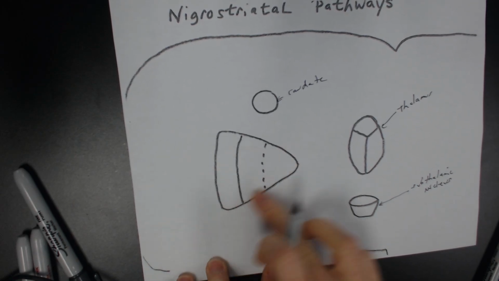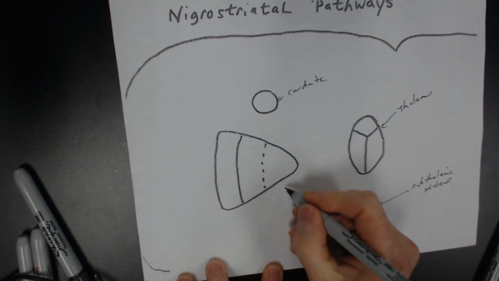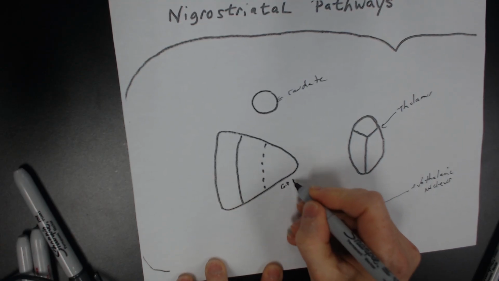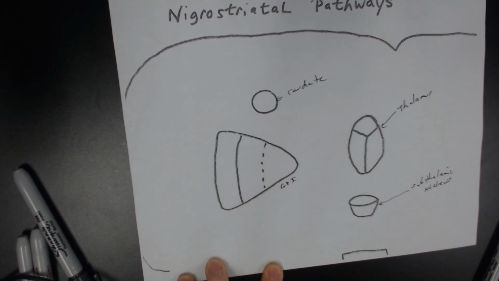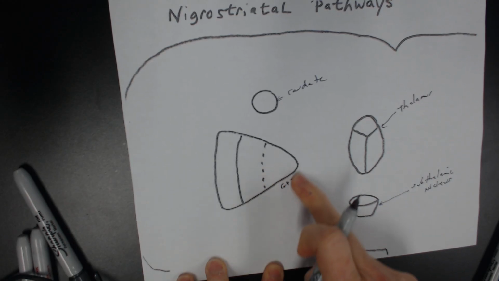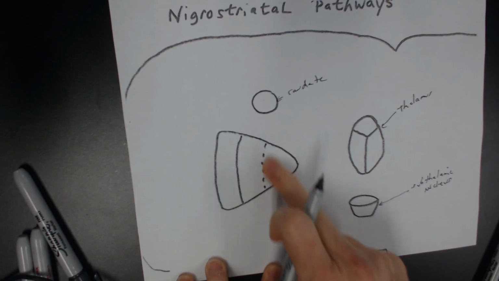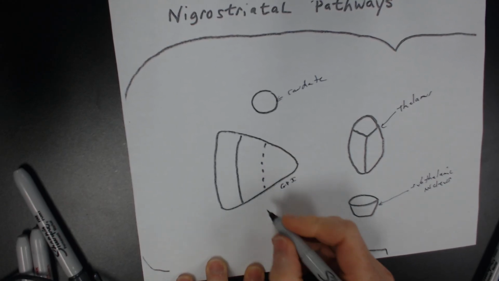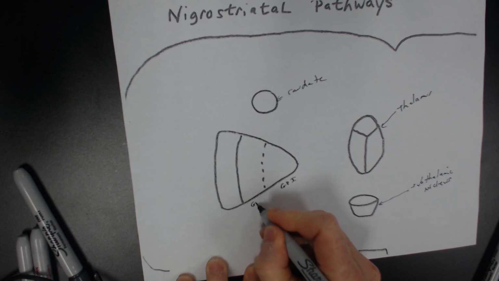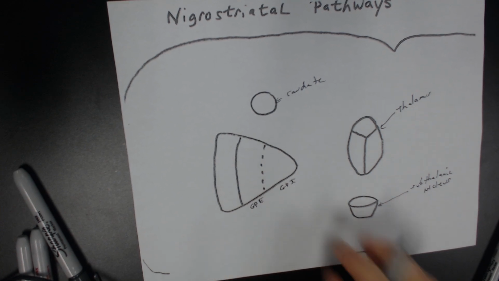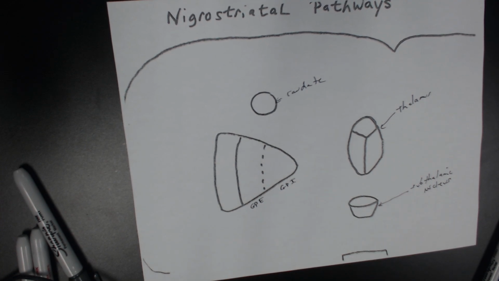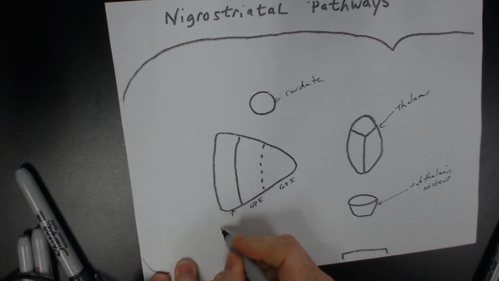Over here, if we look at the pie slice, we have our GPI, or globus pallidus internus, the innermost portion of the pie slice. Next to that, we have globus pallidus externus, or GPE. And then most lateral, we have the putamen.